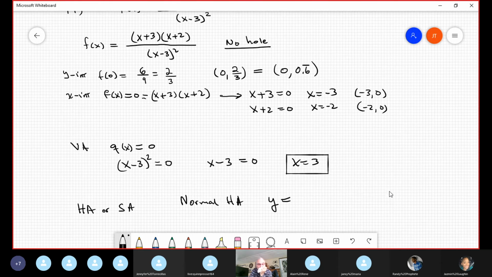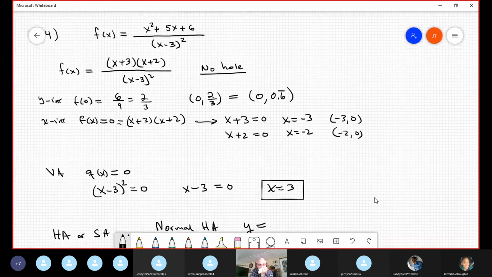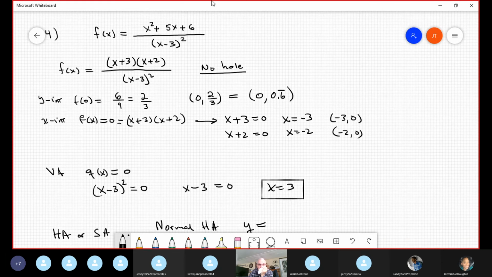Y equals what? The end behavior expression in the top is x squared, and the end behavior expression of the bottom is x squared also, right? Because you remove mentally these terms. So, one. One.